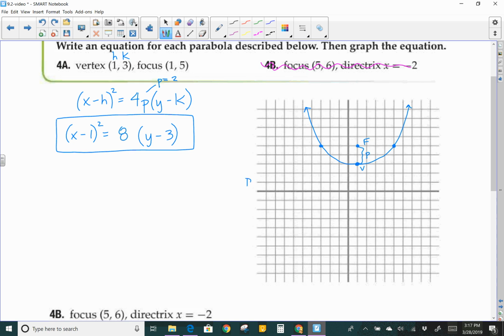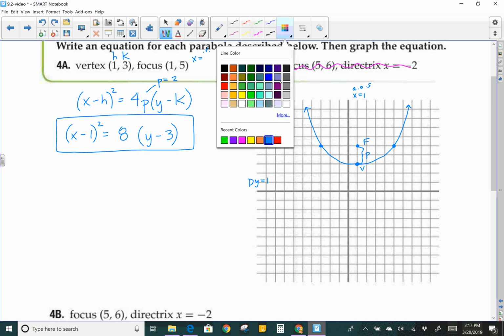This is where my directrix would be, and that is y equals 1. Okay, axis of symmetry right here, x equals 1. All right, we're going to go with it because that's what it is.